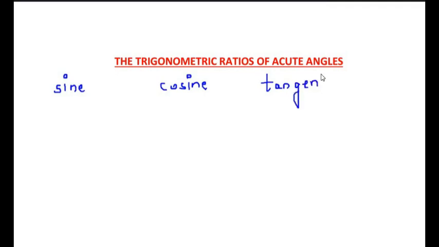The abbreviation we use for this is sine is written as sin, cosine is written as cos, and tangent is written as tan.